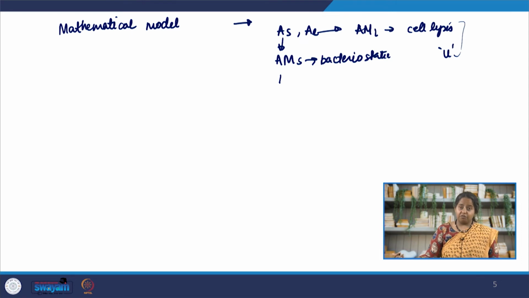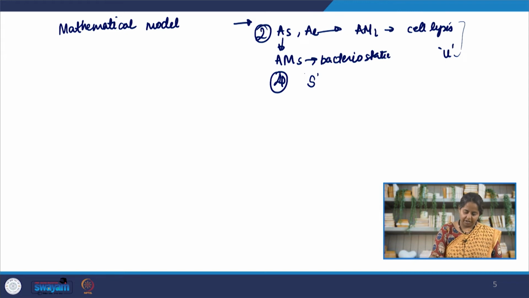And then we have 4 different equations. So, these are 2 equations. We have 4 different equations for susceptible bacteria, which is susceptible to all. Then we have bacterioresistant RS, which is resistant bacteria to bacteriostatic. So we have S, which is sensitive bacteria. Then we have RS, which is bacteria that are resistant to bacteriostatic antimicrobials, which is AS.